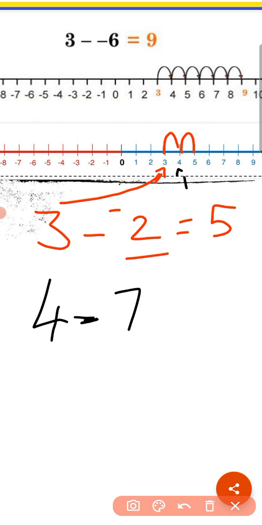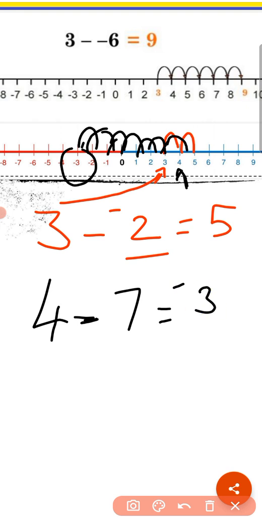This is 4. Then move 7 steps to the left side. 1, 2, 3, 4, 5, 6, 7.